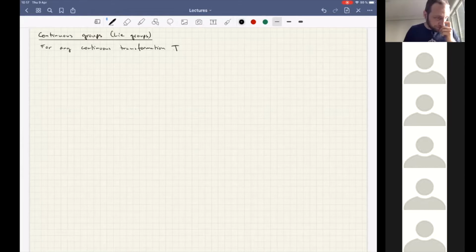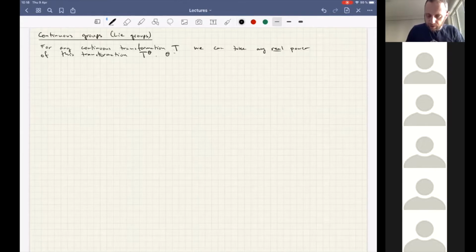So we can take any real power of this transformation, and we will call that T to the theta, where theta is a real number.